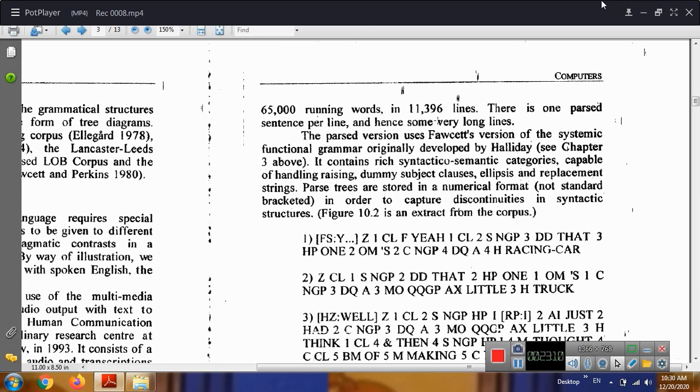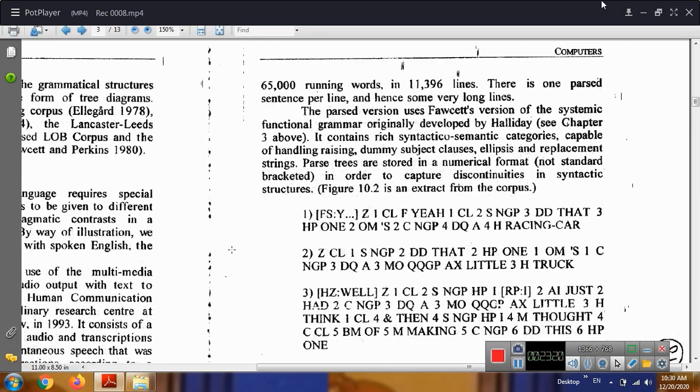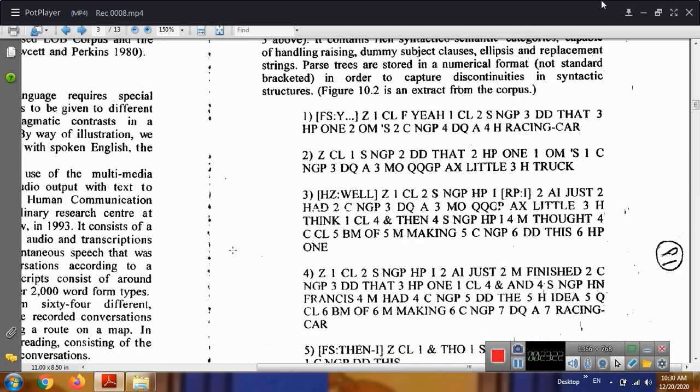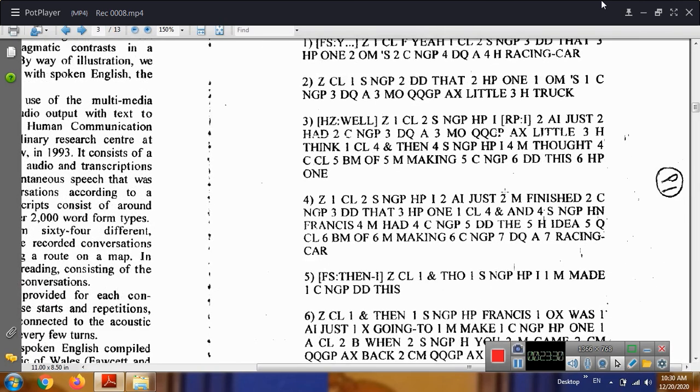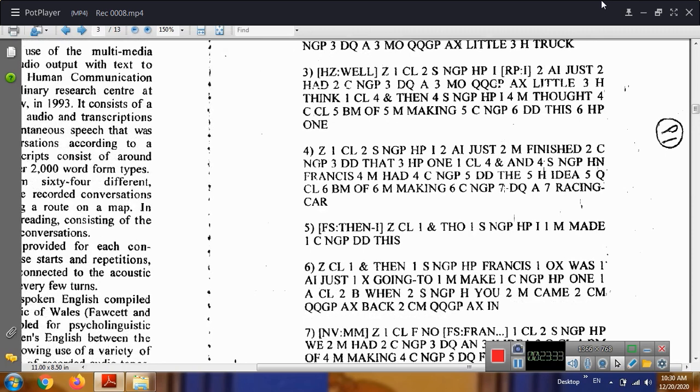Parse trees are stored in a numerical format, not standard bracketing, in order to capture discontinuities in syntactic structure. Here you can see the example of such coding.